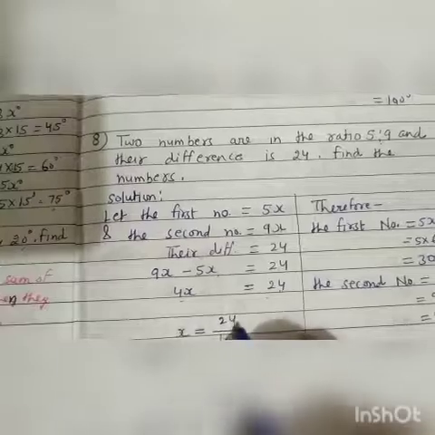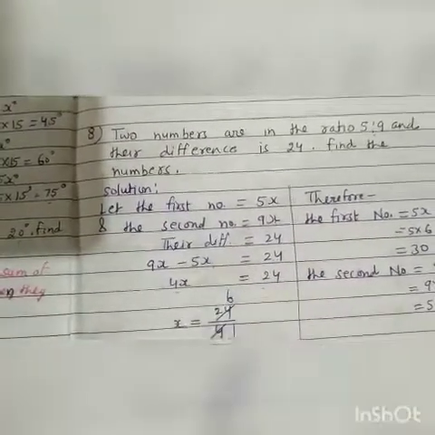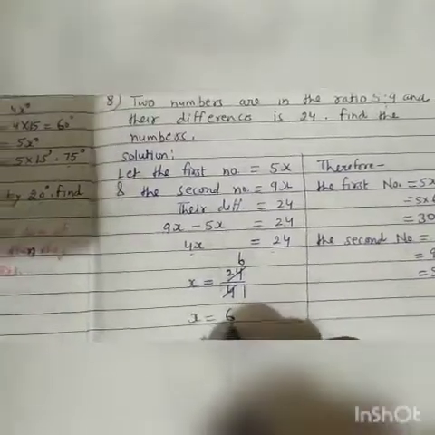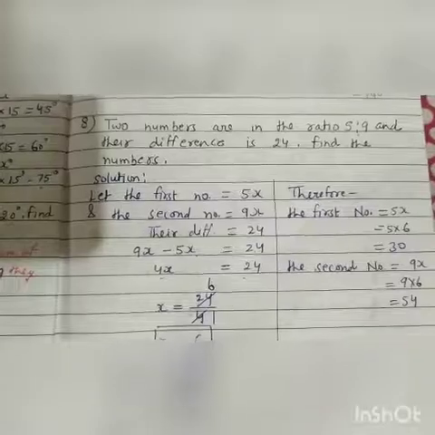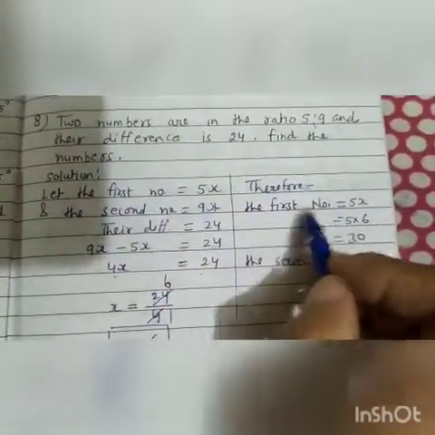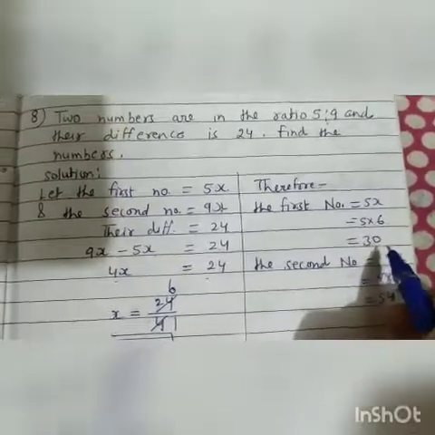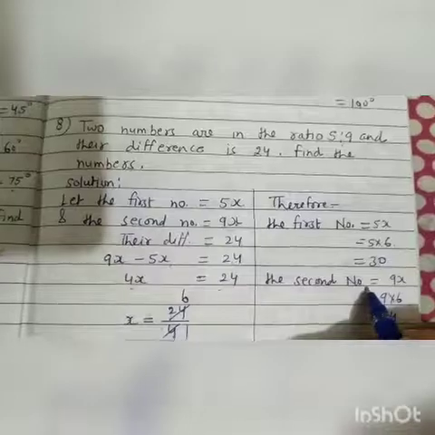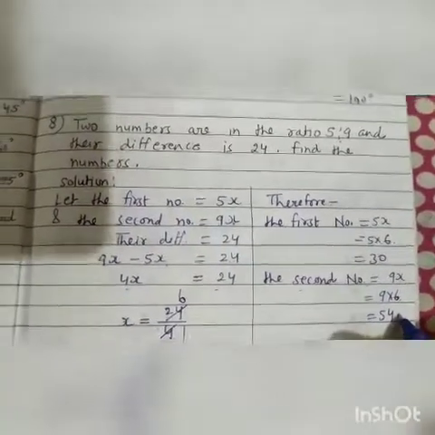Then x is equal to 24 upon 4. 4 ones are 4, 4 sixes are 24. x is equal to 6. Again put this value of x here in these two numbers. Therefore, the first number will be 5x, which means 5 multiply 6, 5 sixes are 30. The second number is 9x, which means 9 multiply 6, 9 sixes are 54.